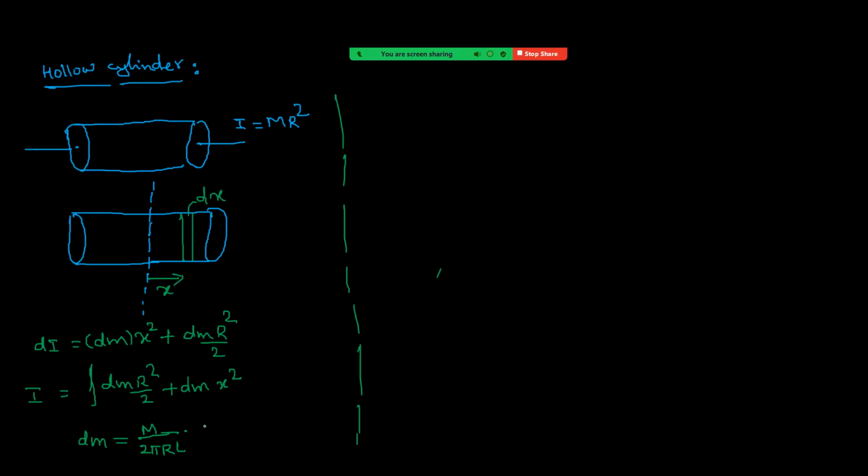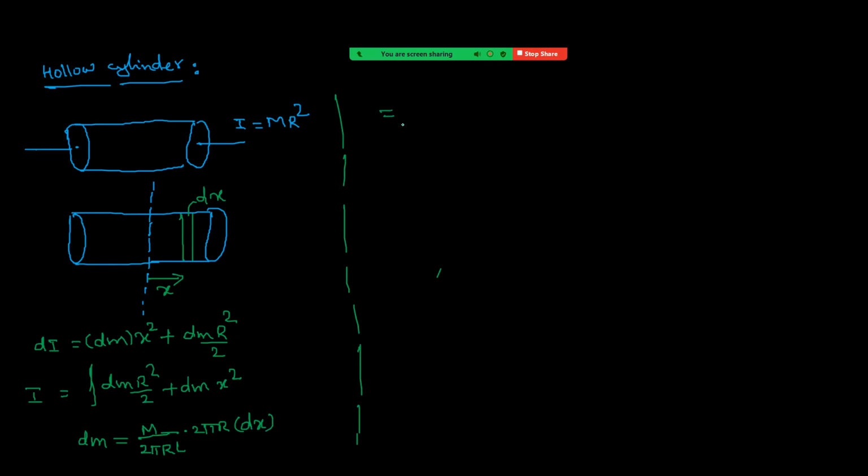The corresponding area, when you are taking the ring its surface area, is 2 pi r into dx.